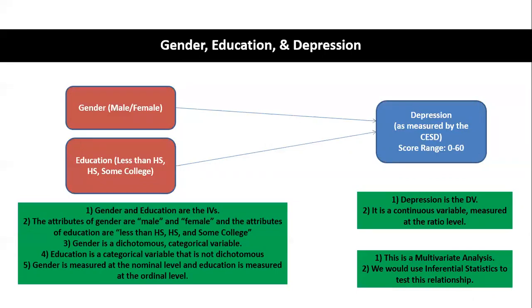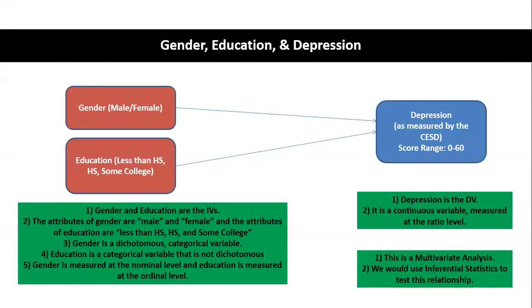Gender is measured at the nominal level, and education is measured at the ordinal level, keeping in mind that education is an ordinal level variable because it has a fixed order associated with it. Now here on the right-hand side, depression is the dependent variable. It is a continuous variable, again measured at the ratio level because the score hypothetically ranges from 0 to 60. So that makes it a continuous variable that is measured at the ratio level.